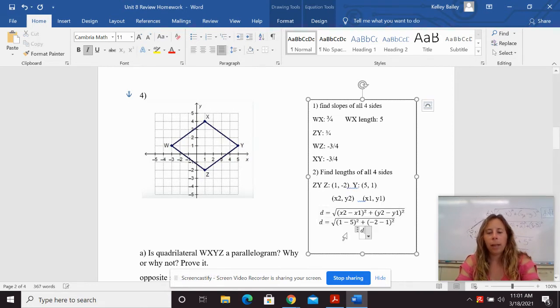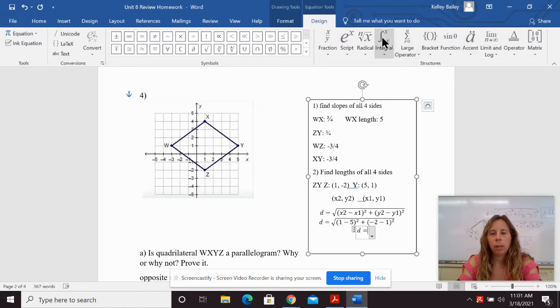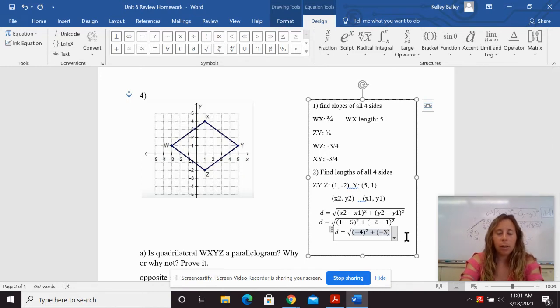Now you're simplifying again. So d equals the square root of 1 minus 5, which is -4 squared, plus -2 minus 1. Please be careful with your signs. -2 minus 1 is -3 squared.